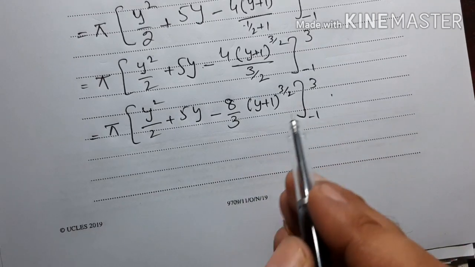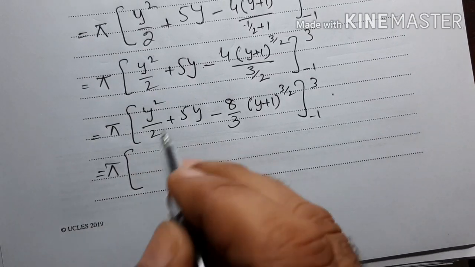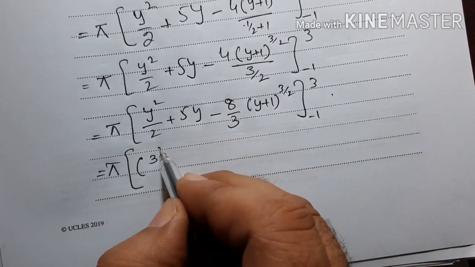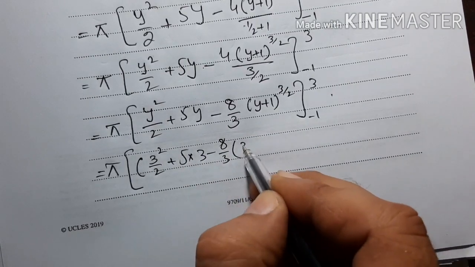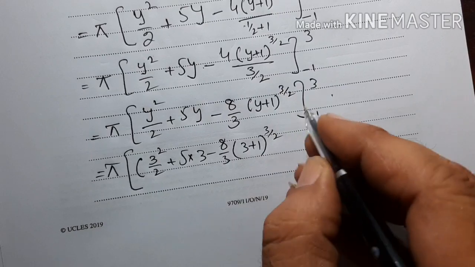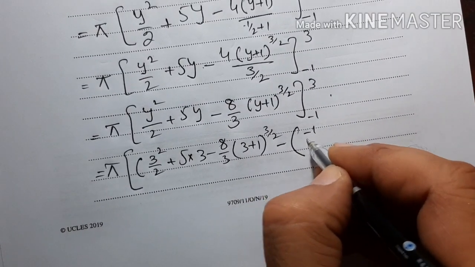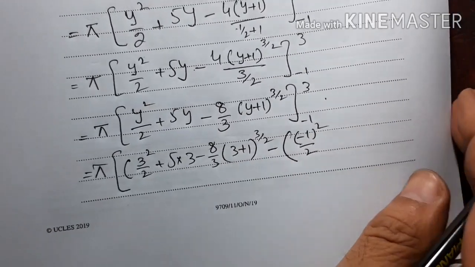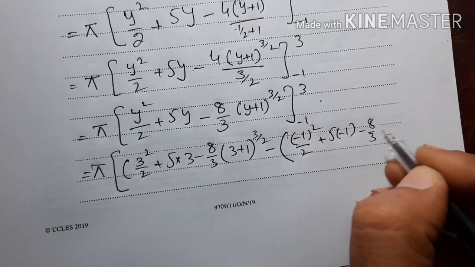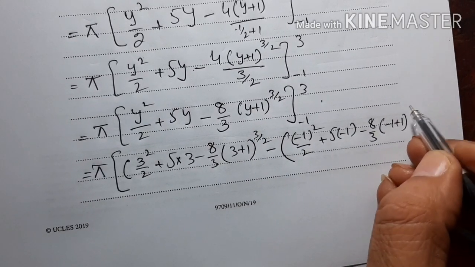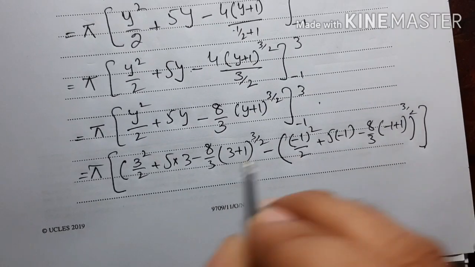Now I will apply these limits. So this will become π [3²/2 + 5 × 3 - (8/3)(3 + 1)^(3/2)] minus [(-1)²/2 + 5 × (-1) - (8/3)(-1 + 1)^(3/2)], this one.